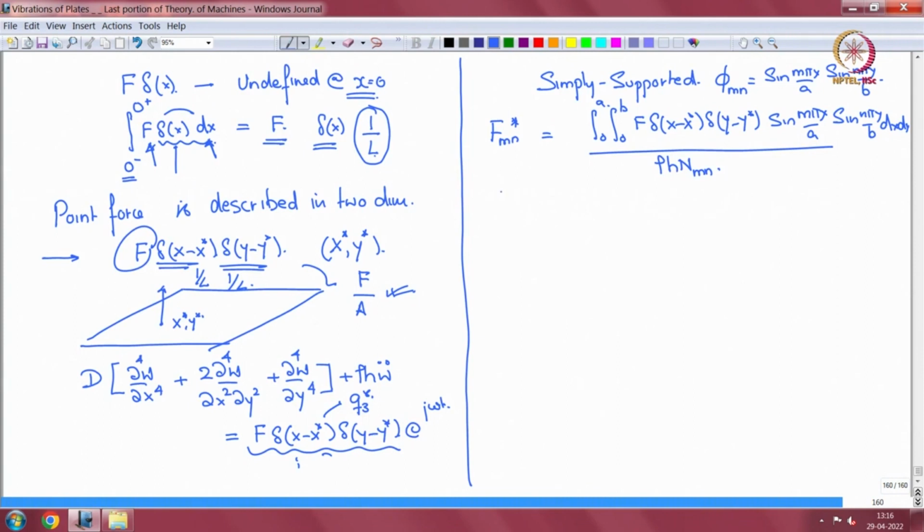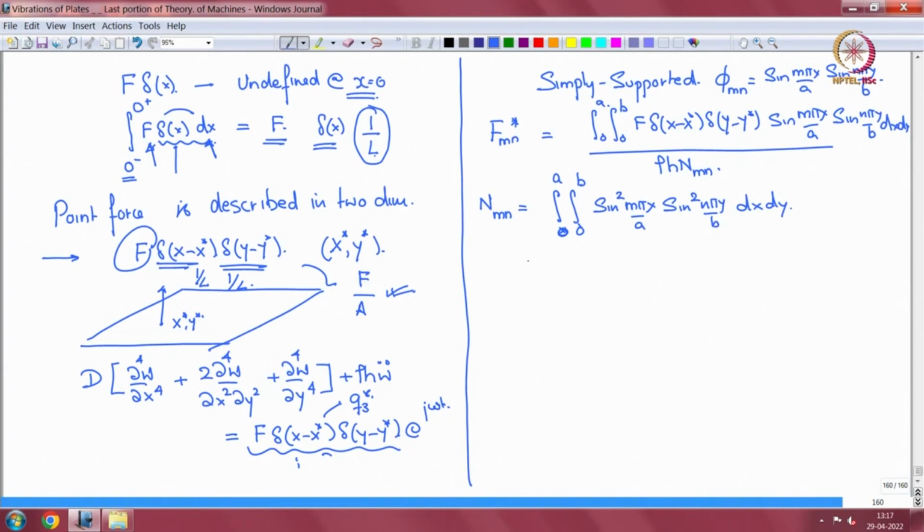Now what is nmn? For this simply supported plate, it will be the same for all cases: integral 0 to a integral 0 to b phi mn square, which is sine square m pi x by a sine square n pi y by b dx dy.